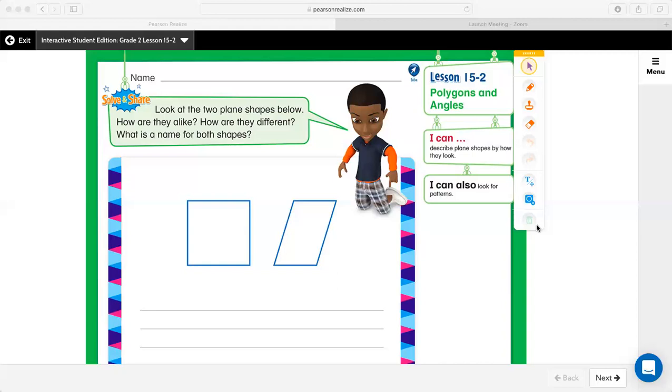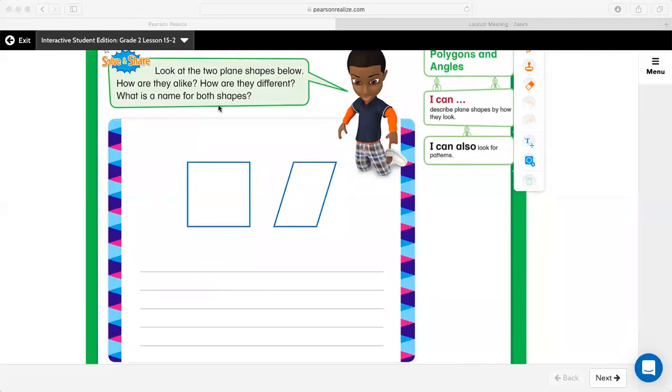And he didn't provide as many examples as Tara did. So what we can see here is how are they alike? Well, they both have 4 sides, which makes both of them quadrilaterals. Okay. Shape 1 has 4 equal sides. Shape 2 does not. But because they both have 4 sides, they are both quadrilaterals.